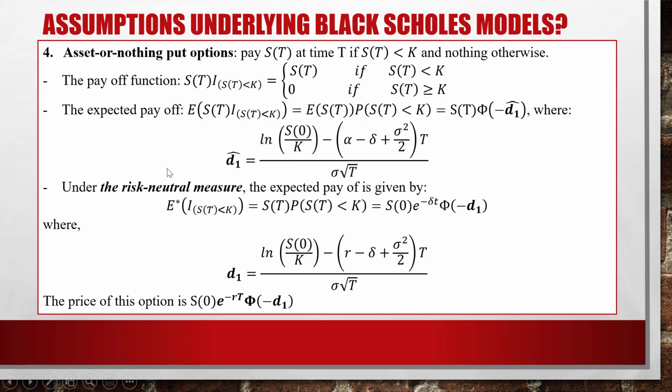Under the risk-neutral measure, the expected payoff is given by E*[S(T) times the indicator function of S(T) less than K], which is S0 times e^(-δT) Φ(minus d1), where d1 here is obtained by replacing α in d1 hat with r. The price of this option is S0 times e^(-rT) Φ(minus d1).